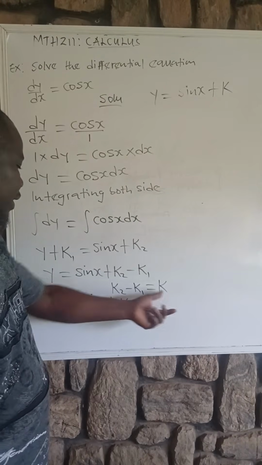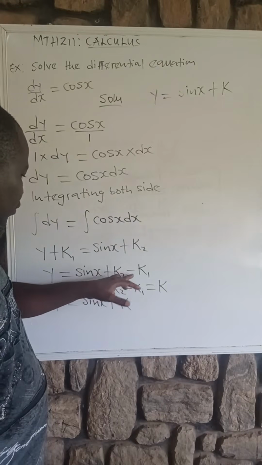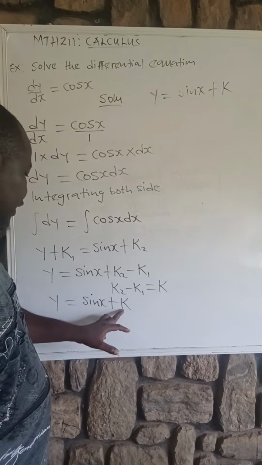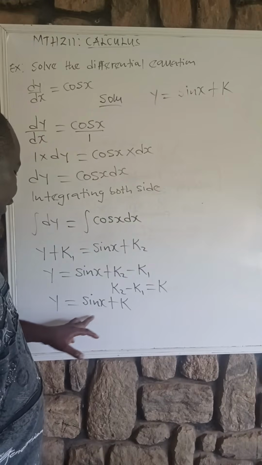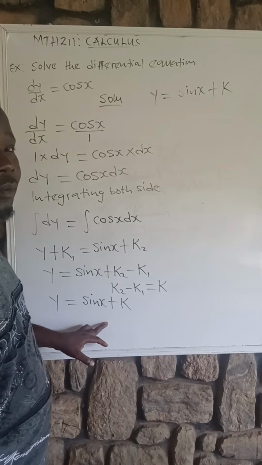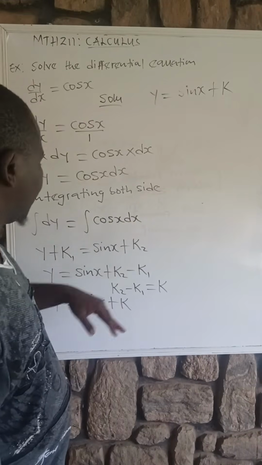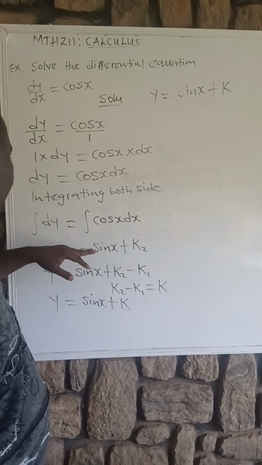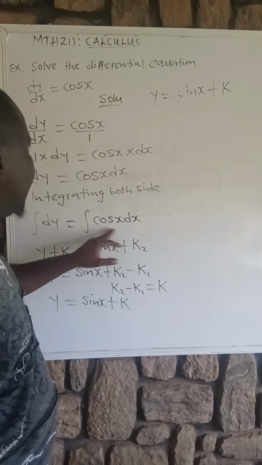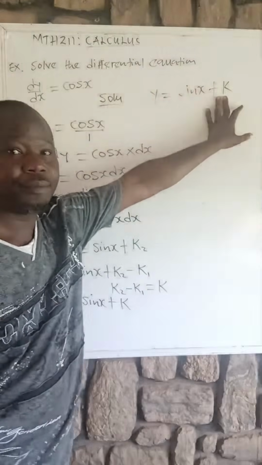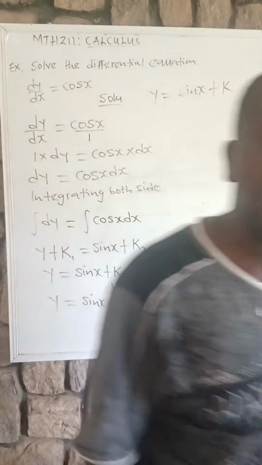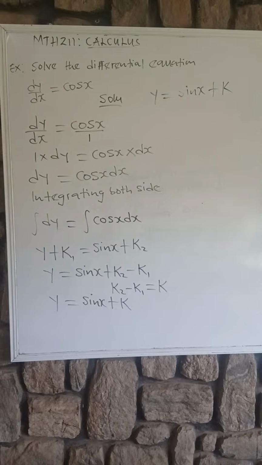So instead of k2 minus k1, you now write k. y equals to sine x plus k. That is why some textbooks will just write it here directly. Is that clear? Samson, are you following?